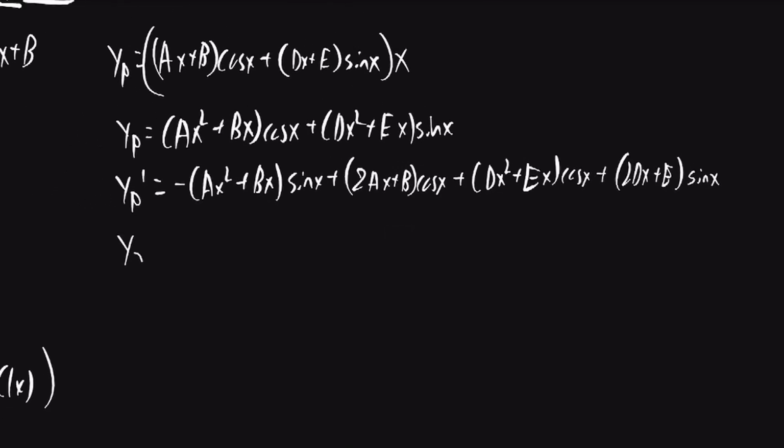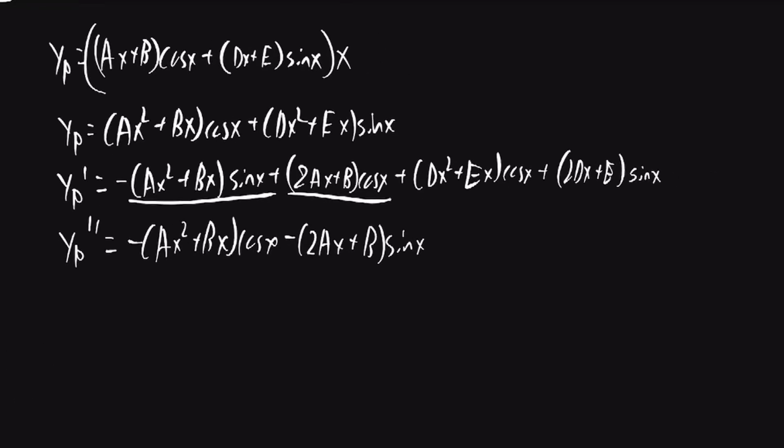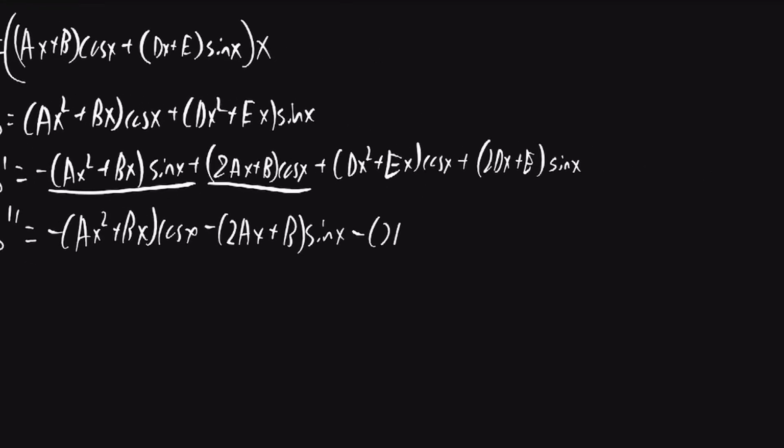Now I have to take the derivative again. yp'' will be equal to, for this first term, we'll use the product rule again. We'll get negative (ax² + bx) times cosine x minus (2ax + b) times sine x. For the second term, I'll use the product rule again. We'll get minus (2ax + b) times sine x plus 2a times cosine x.